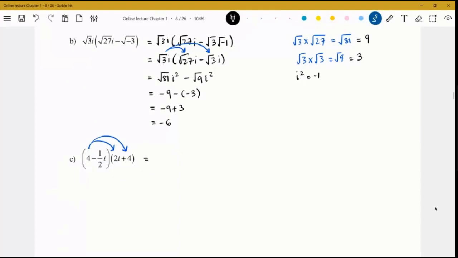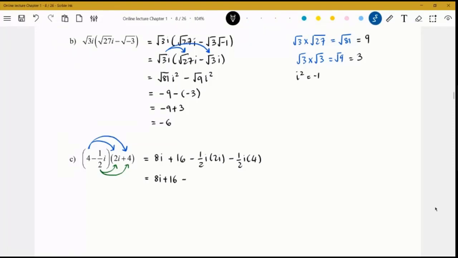So 4 times 2i is 8i, 4 times 4 will be 16. Okay, and then this one and this one. Make sure you expand the two brackets properly: minus half i times 2i, minus half i times 4. So it is 8i plus 16.